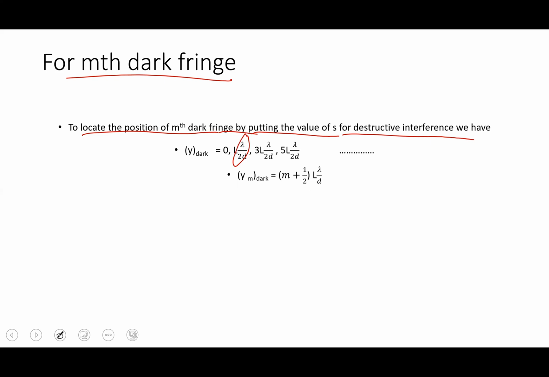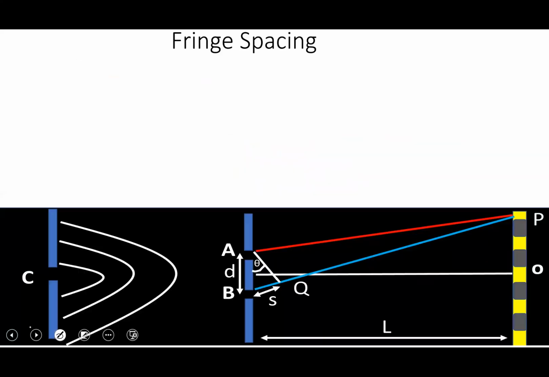As you can see, Y dark is equal to L lambda divided by 2D, or 3L lambda divided by 2D. So we find the Y value, or the distance from the center point to any dark fringe, by putting lambda by 2 in this formula. So this is the generalized formula of Y dark for the mth dark fringe occurring at the screen. It will be equal to (m plus half) into L lambda divided by D.